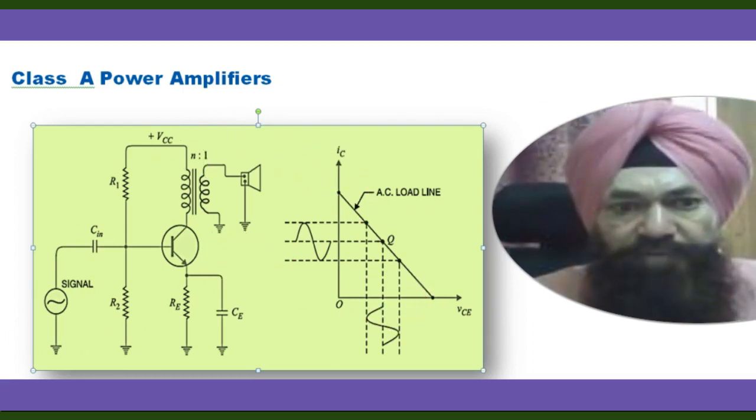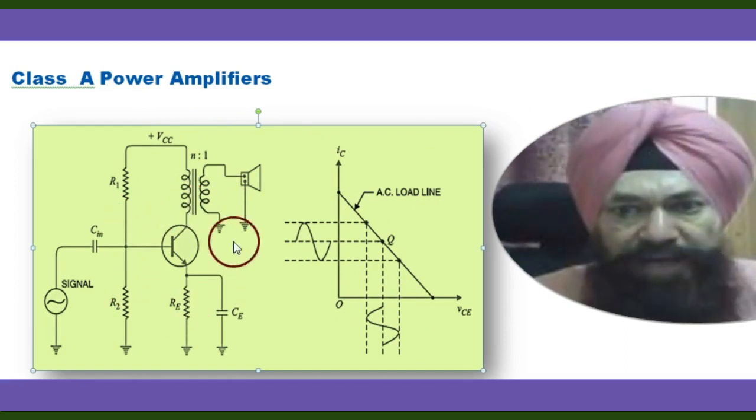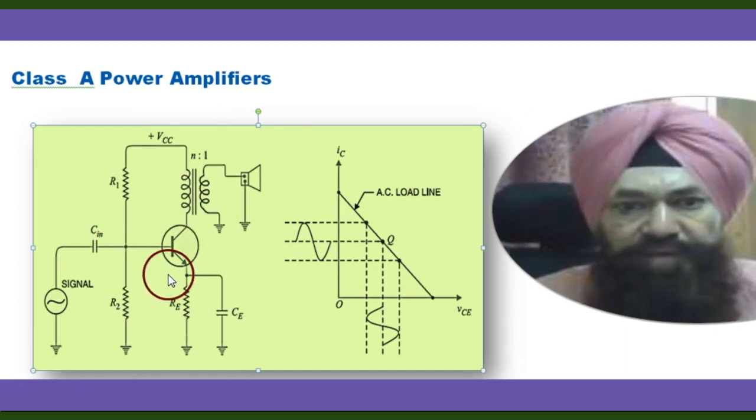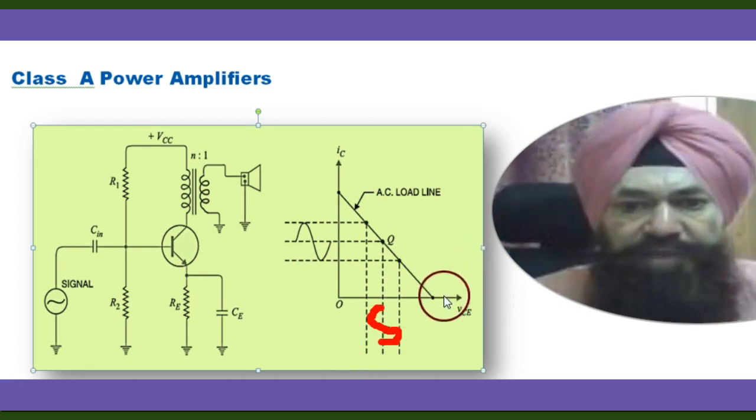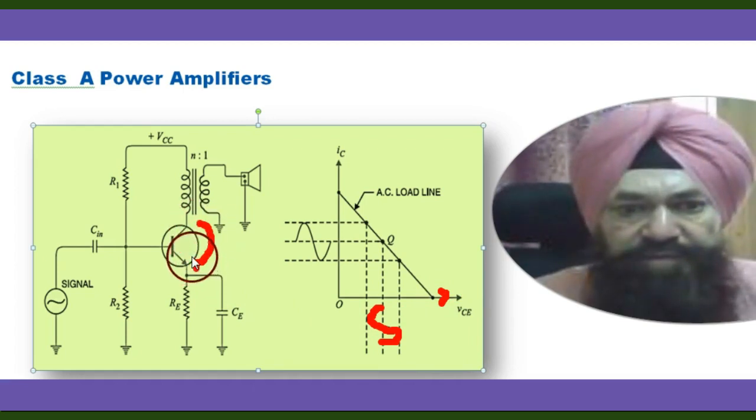So this power amplifier is biased in such a way that no part of the signal is cut off. Like this is the signal. With this signal, there is a change in the voltage across collector and emitter.